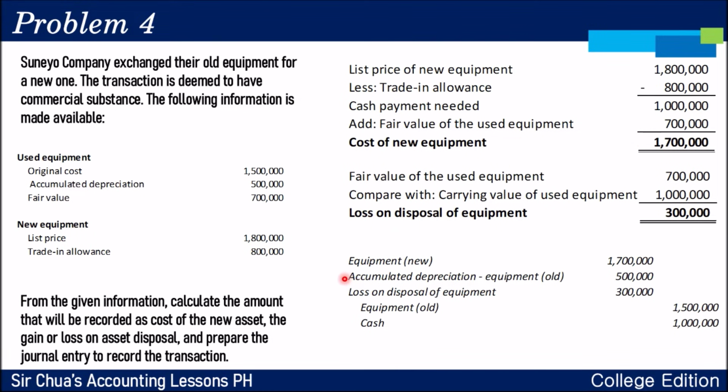Tatanggalin na po natin yung depreciation ng old equipment na 500,000, and then we also debit the loss on disposal, which is 300,000. Okay, and then credit na po natin yung old equipment para mawala na sa records, 1,500,000, and don't forget yung cash na babayaran natin, which is 1 million. Okay, I think that's nice.